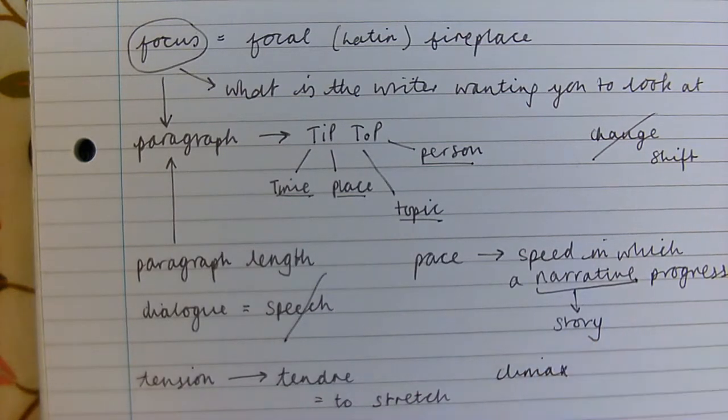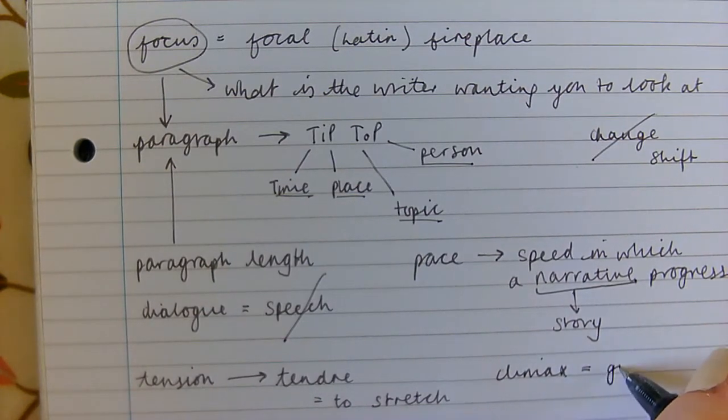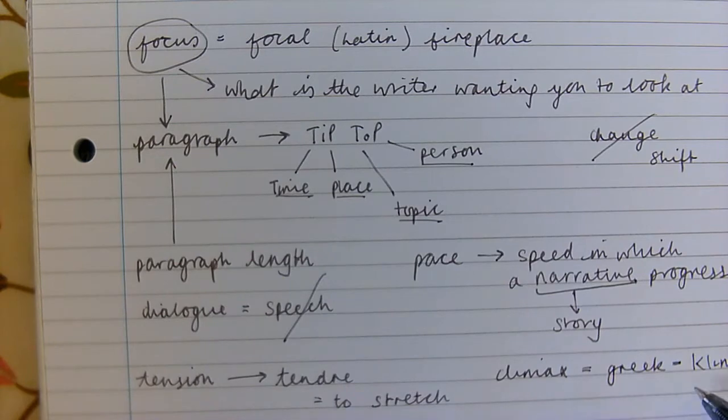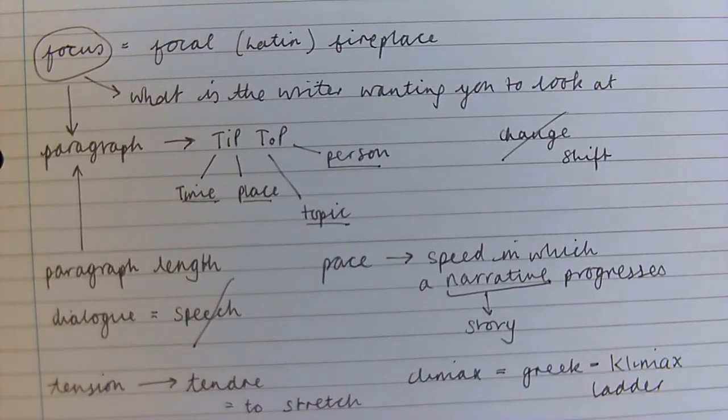That's called a climax. Now a climax, again, has an etymological link to it. In Greek, climax, which is spelled with a K in Greek, means ladder. More specifically, the top of the ladder. Okay, so obviously when you reach the top of the ladder, that's your climax point.